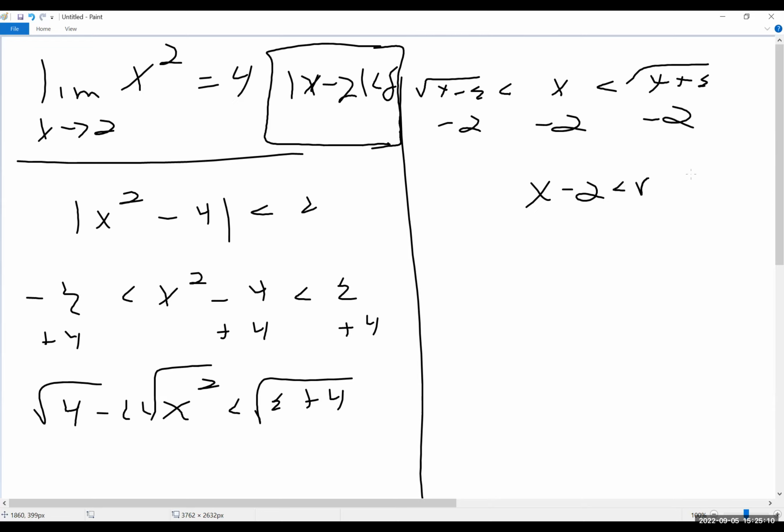I've got the square root of 4 plus epsilon minus 2. And over here, I've got the square root of 4 minus epsilon minus 2. Minus, that's a minus there.